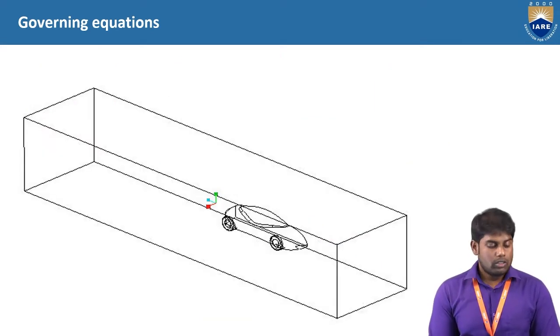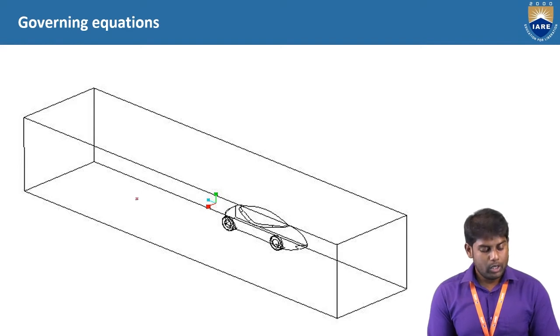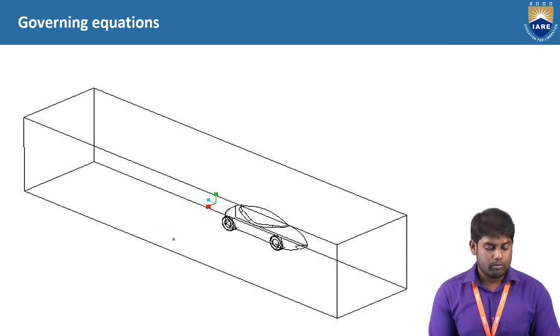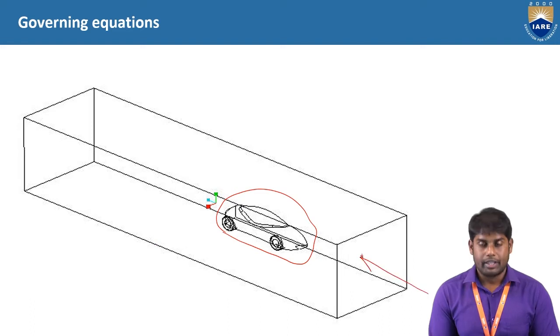Yeah. So whatever the governing equations are, those are present here, and these will be applied to this model. Okay. So here, this is the domain where you will be evaluating the flow problem. Let's say this is the car, and the flow is coming from this direction, going to this direction.